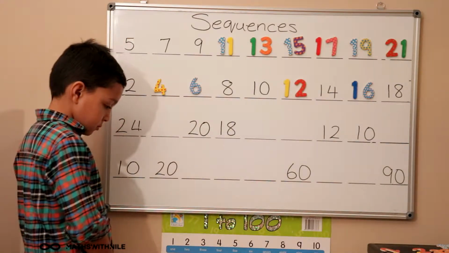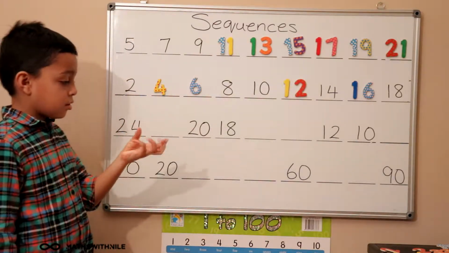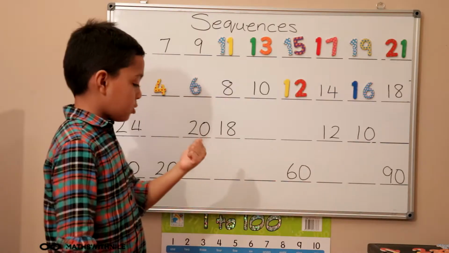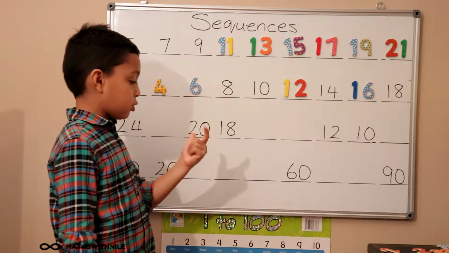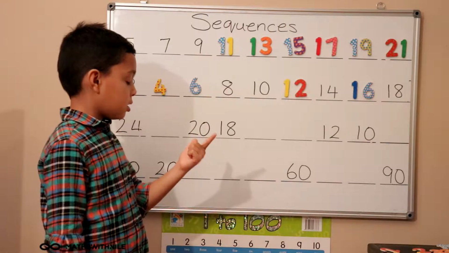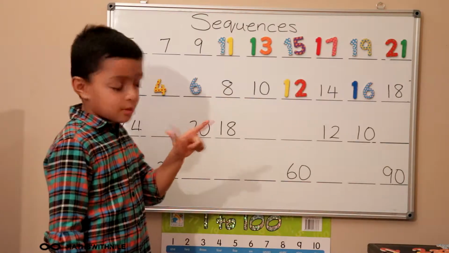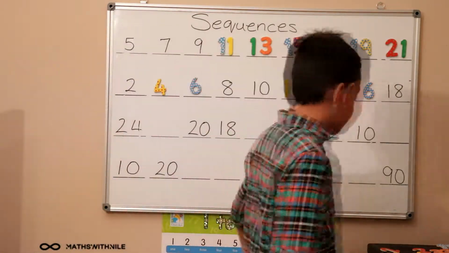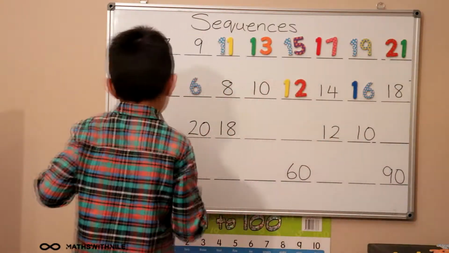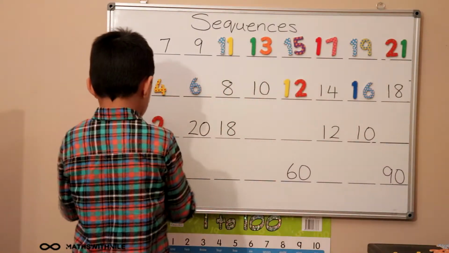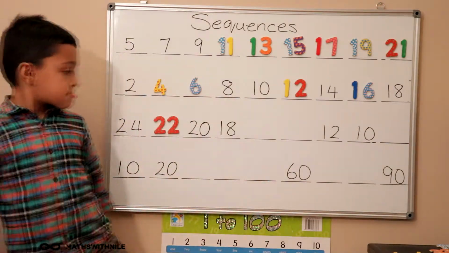So what is 24 take away 2? 24 take away 2 is 22. 22, very good. Continue.